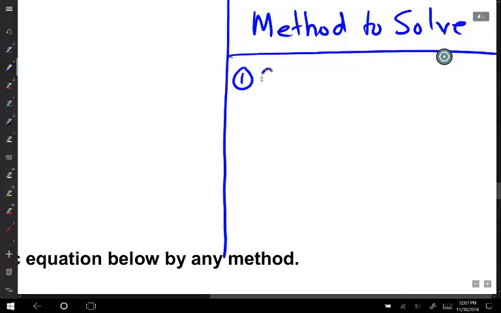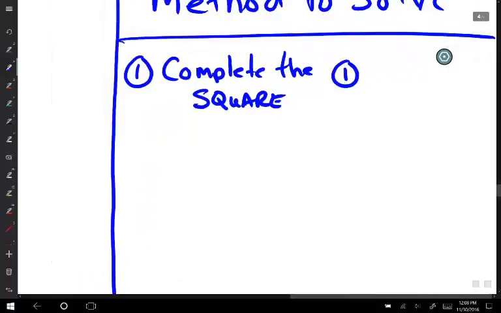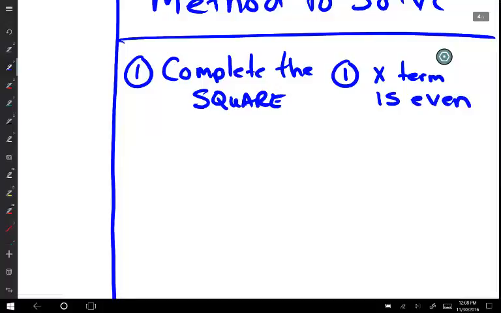All right, so complete the square, which is really vertex form. Completing the square, I will tell you, is easiest when the x term is even. If this was the problem over here, x squared minus 3x, I would not complete the square unless I was forced to. So that's a little hint, when to use completing the square.